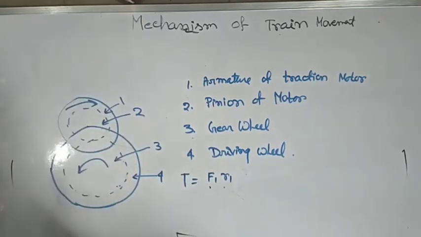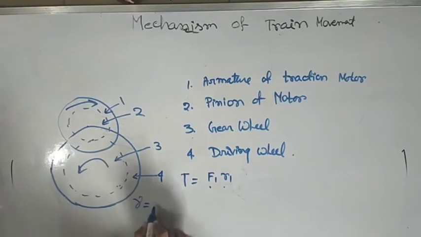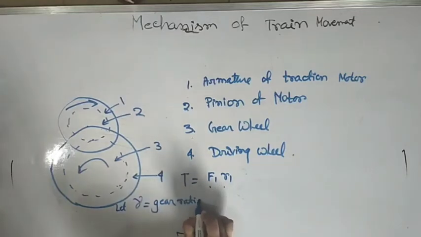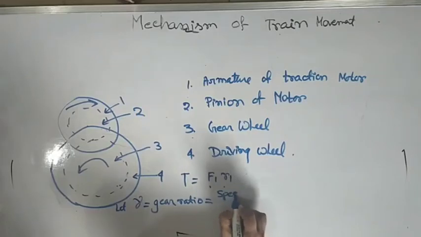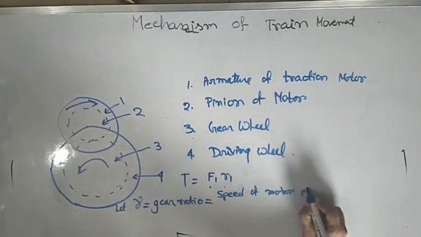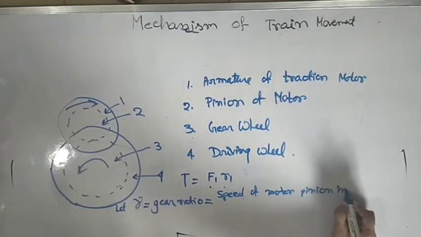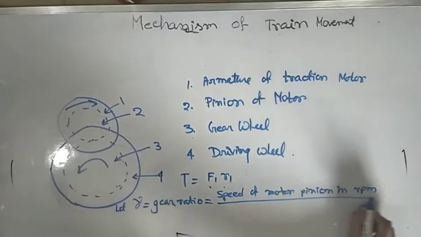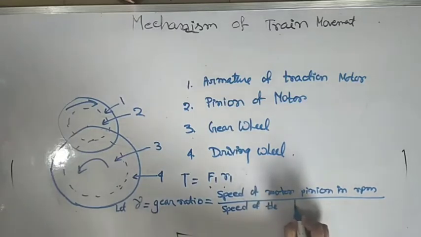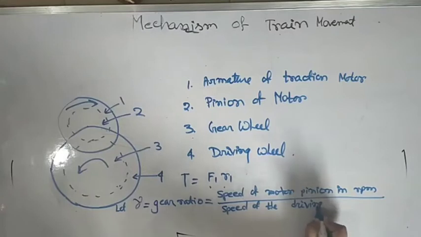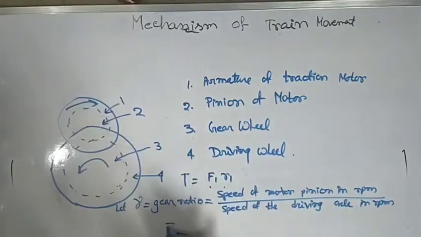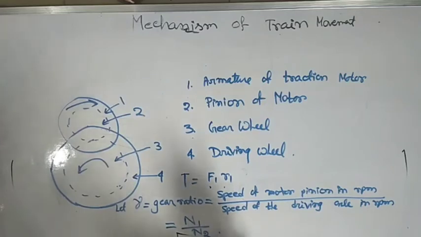Now gamma is the gear ratio, which is equal to speed of motor pinion in RPM by speed of the driving axle in RPM, which is equal to capital N1 by capital N2.